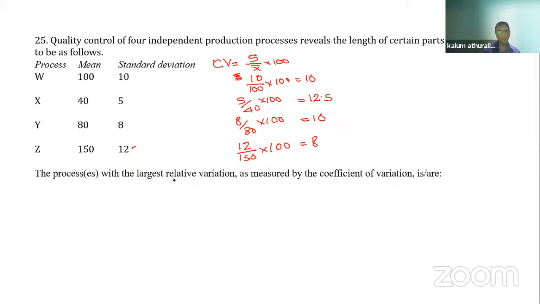The process with the largest variation, process X. Process X has the largest variation. Right. If the means are not equal, if you want to find the largest or smallest variation, what will we do? We will have to calculate CV. If the means are not equal, use CV.